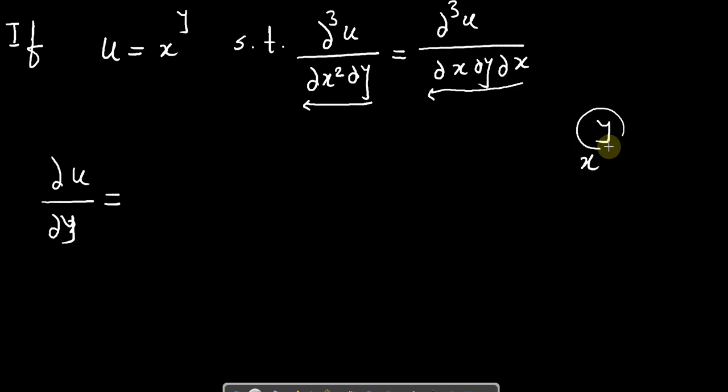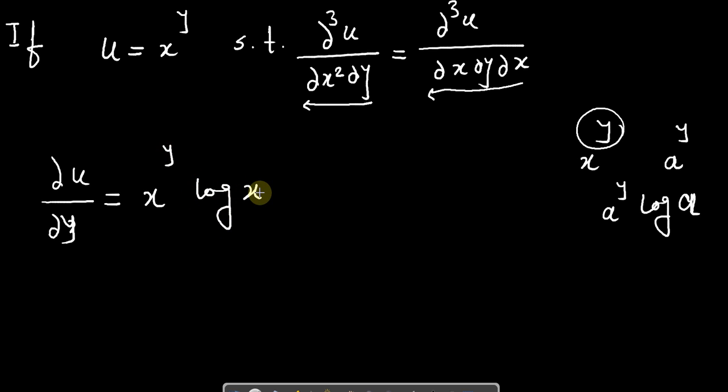So, variable is y, x is constant. Then this is similar to a raised to y. How will you differentiate this? a raised to y log a. So here derivative of u with respect to y, x raised to y log x.